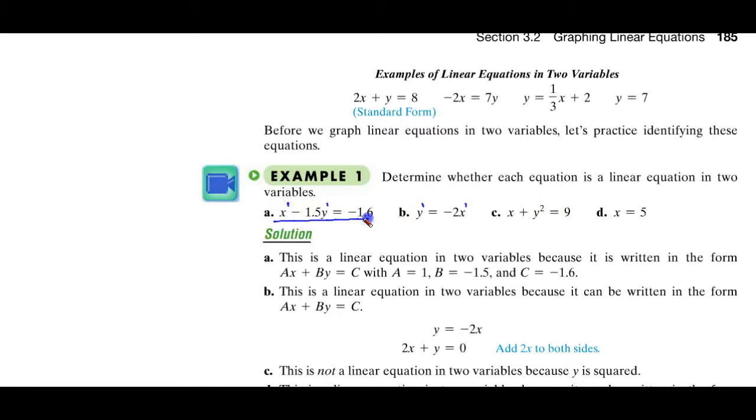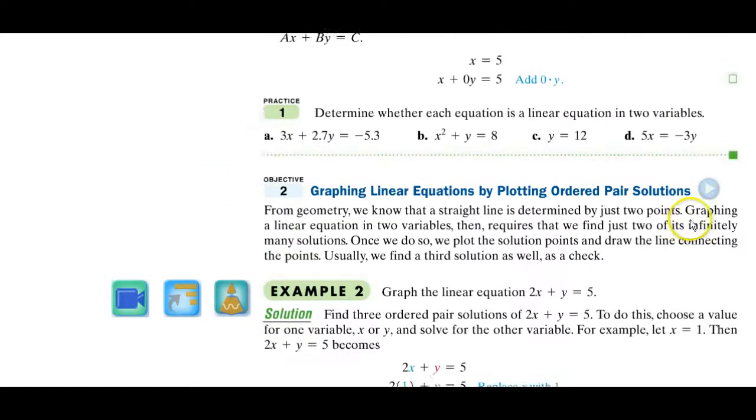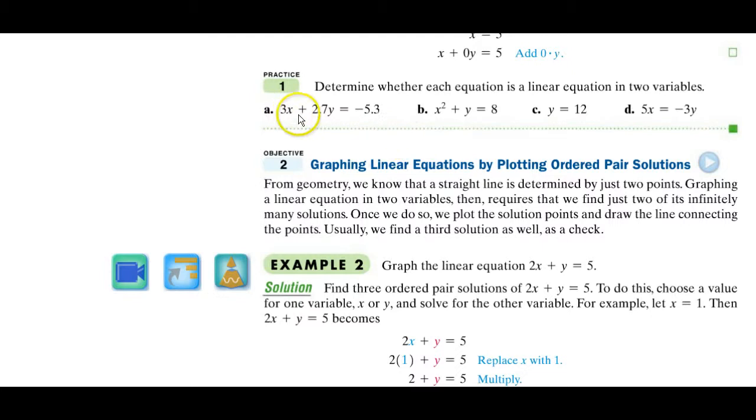So this is linear, this is linear, this is not linear because of the exponent being higher than 1. And again, the y is 0 here, so this is linear also. That was easy. And we'll do this one too. Linear, because of the squared, not linear, linear, linear.